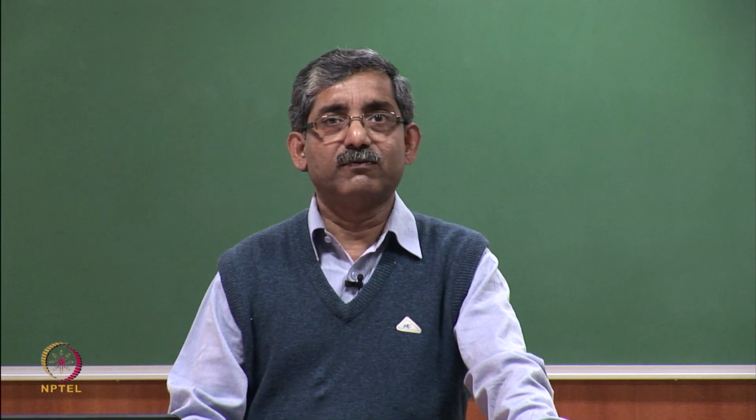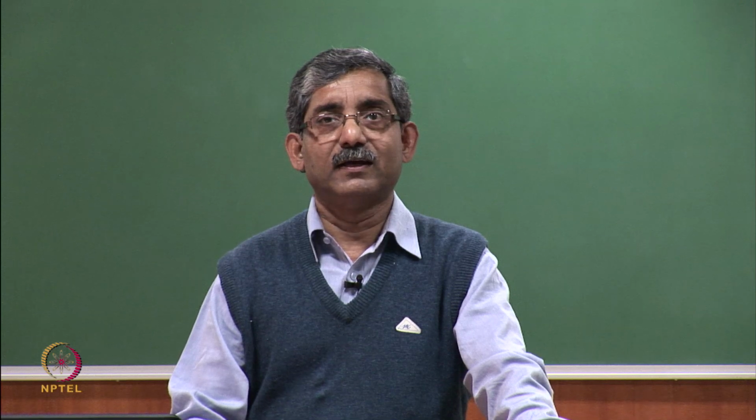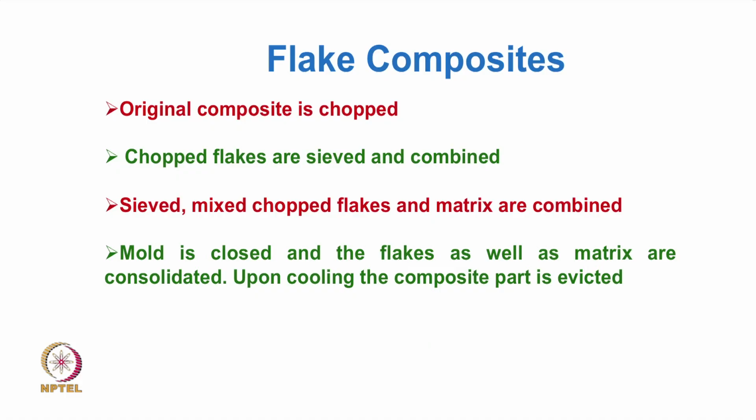The mold is filled with the flake and matrix in a molten state. So, we can use a thermoplastic matrix also here, molten thermoplastic matrix, then we mix with the flakes in the mold, and then we dry it to get the proper composite.